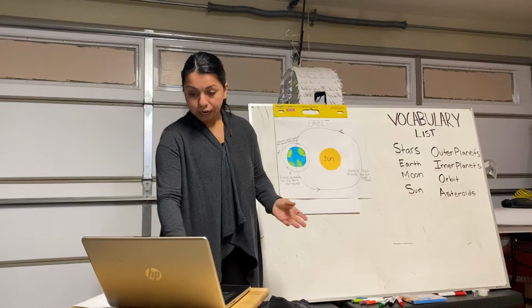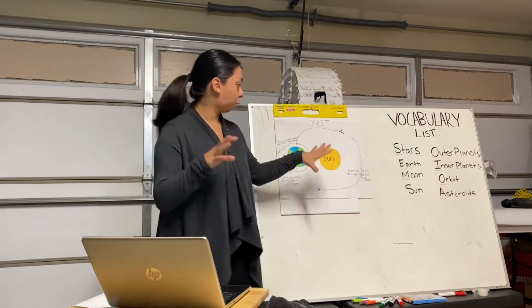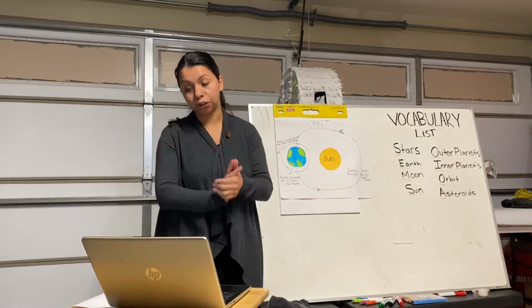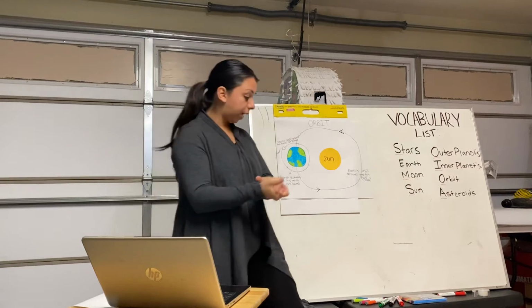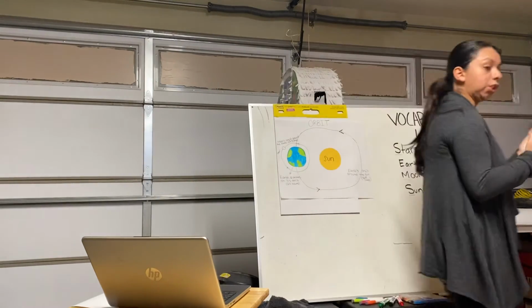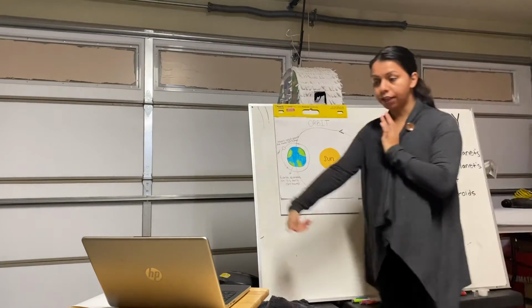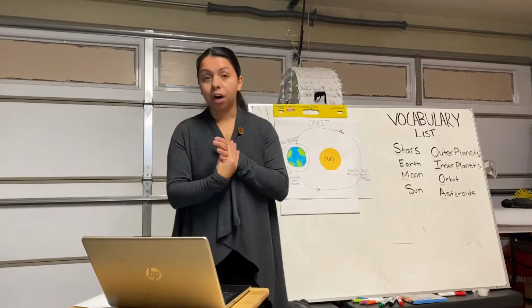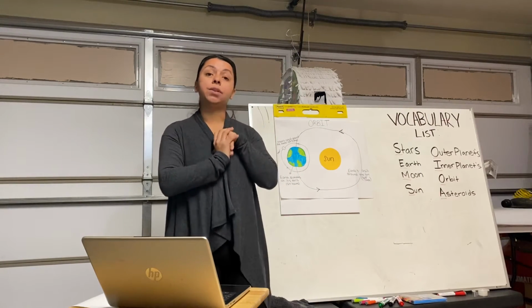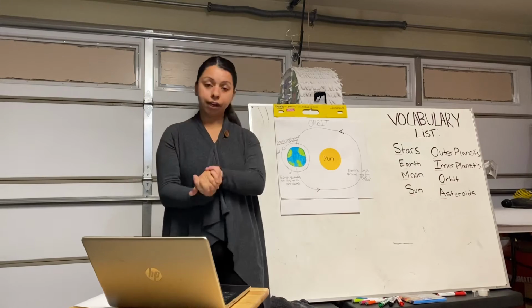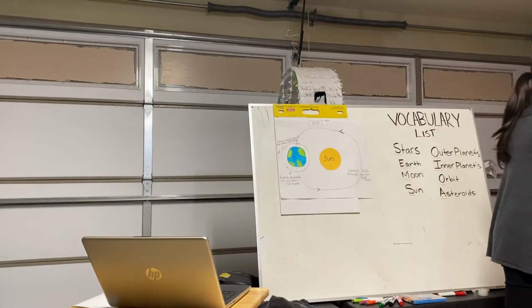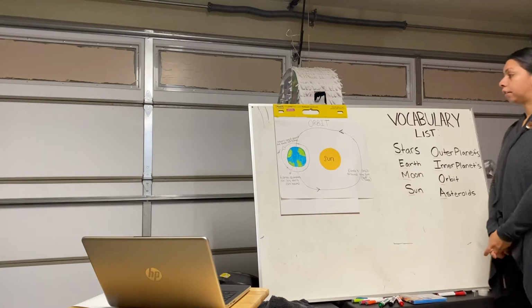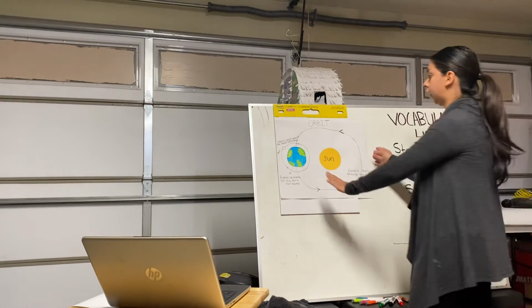So I want you guys to create your drawing picture of your own, what you wrote your description on. Once you do that, I'm going to give you 5 minutes. Once you guys are done, then we're going to move on and try to write a sentence using the word orbit, okay? So I'm going to give you 5 minutes creating your drawing of the description that you wrote down.